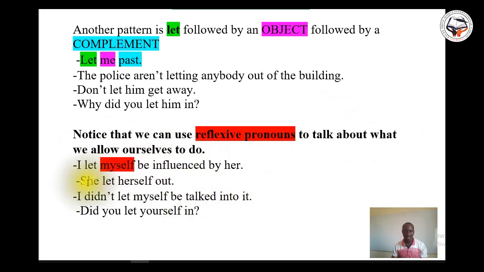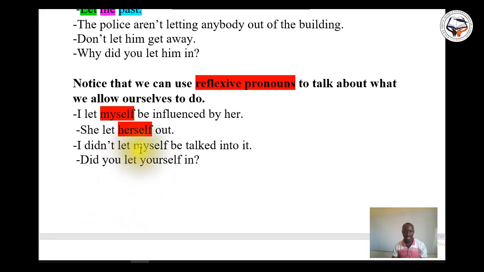I let myself be influenced by her. She let herself out. I didn't let myself be talked into it. Did you let yourself in?